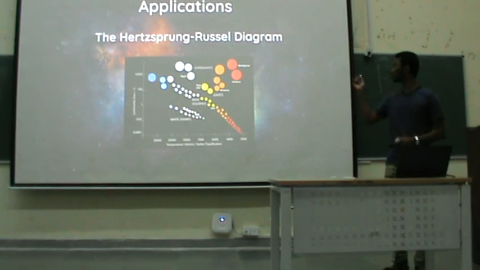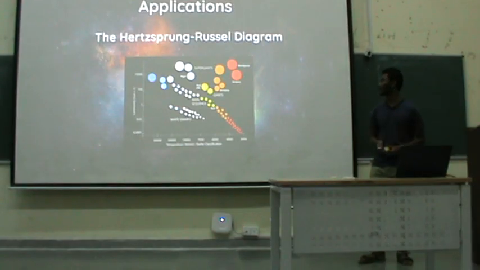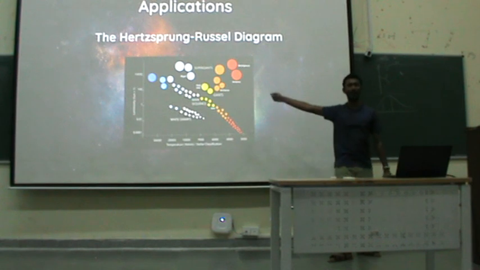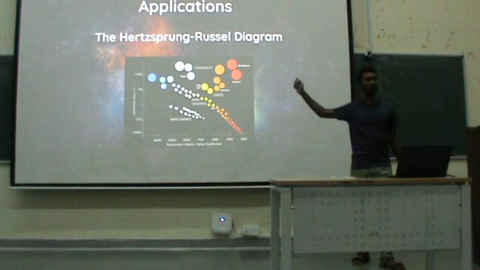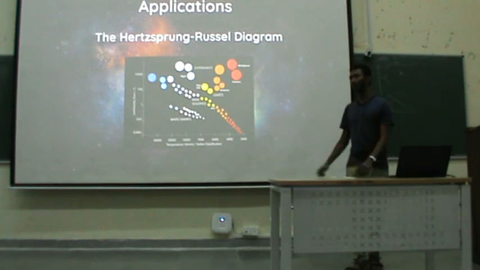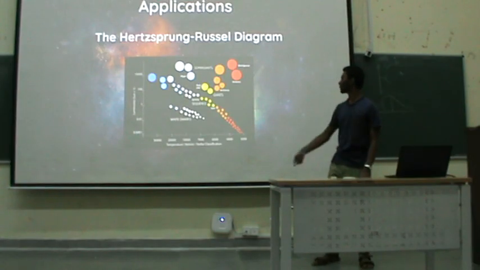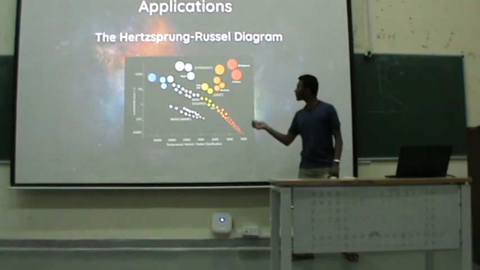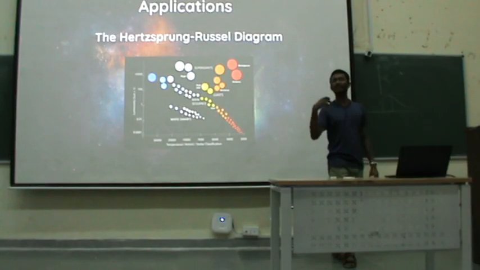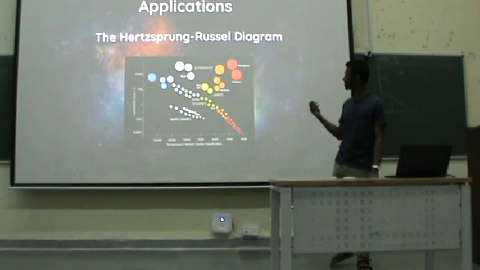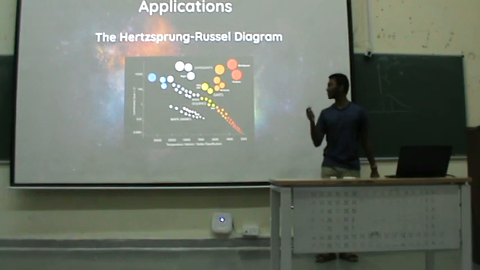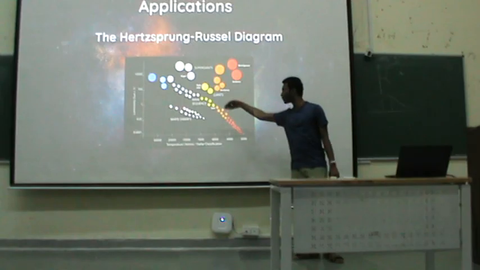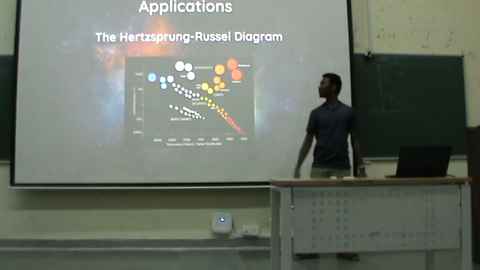Now let's talk about the applications of photometry. How many of you have seen this diagram? This is called the Hertzsprung-Russell diagram. You have luminosity and temperature as the axes. Depending on the type of the star and the age of the star, the stars occupy very specific regions in this luminosity-temperature plane.